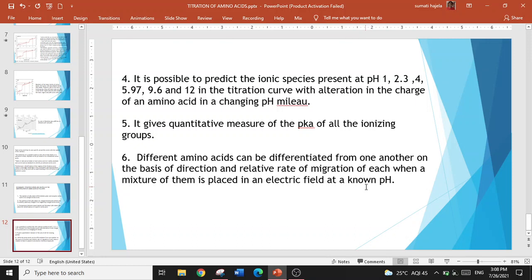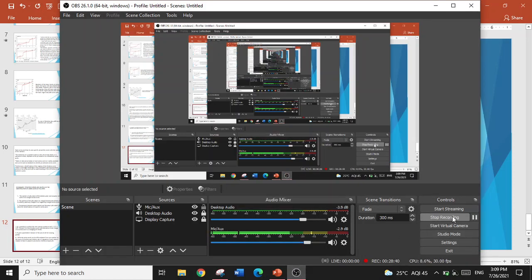And there is a net pI for proteins also, so they migrate towards anode or cathode depending on the pH in which they are suspended, and this is how this titration curve has a very important value for protein chemistry. So this was all for titration curve. I hope I am clear about each and every part. Thank you.